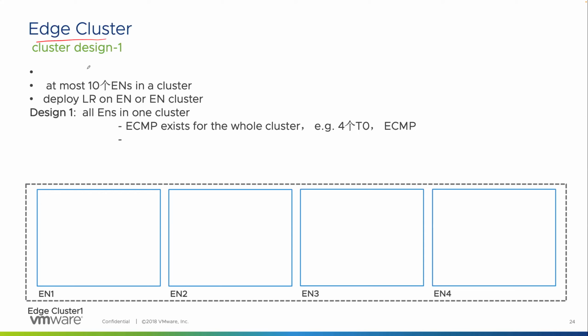So let's talk about the edge cluster now. The edge node is a separate VM, so you can put edge nodes onto different ESXi hosts for physical redundancy, right?